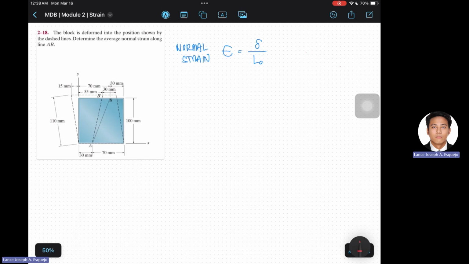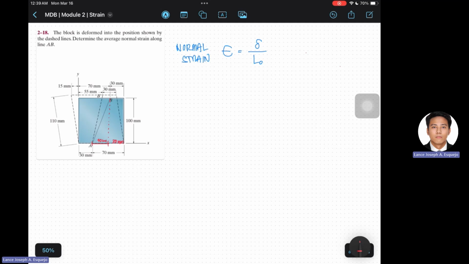First step natin is to determine the original length of line AB. So referring at the figure, create lang tayo ng projection here, and this is 30 millimeters. So yung total is 70. So yung remaining here is 40 millimeters.